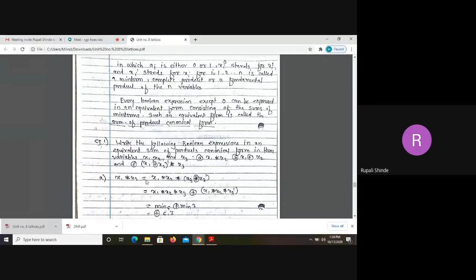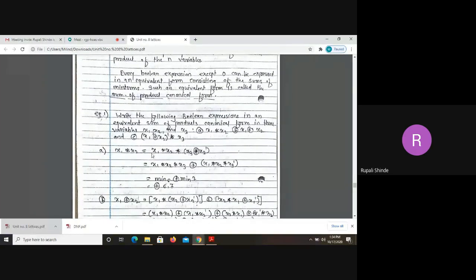Now we have to apply the distributive law. So apply here: x1 star x2 star x3, this is the first term, XOR x1 star x2 star x3 complement. Now for this sum of product canonical form, if a variable is given in its original form, original form meaning without complement, then you have to write 1 there. If the complement of a variable is given, then you have to consider its value as 0.